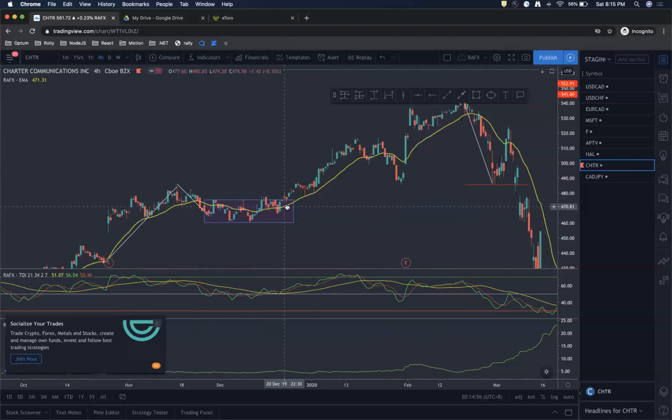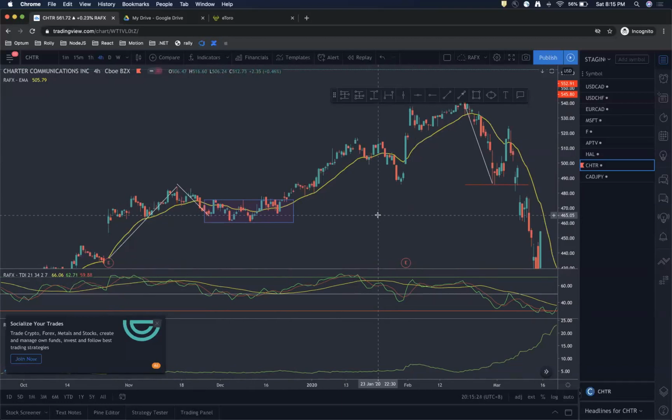So here nag-break siya, and ang confirmation niya is this one, the green candle here. So meaning this is your 21 EMA consolidation, this is your breakout, and the next candle you can execute your entry.